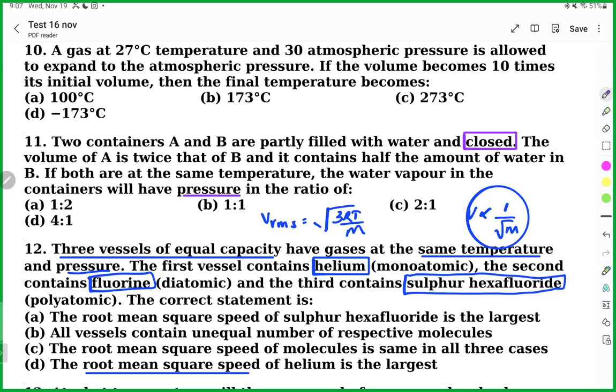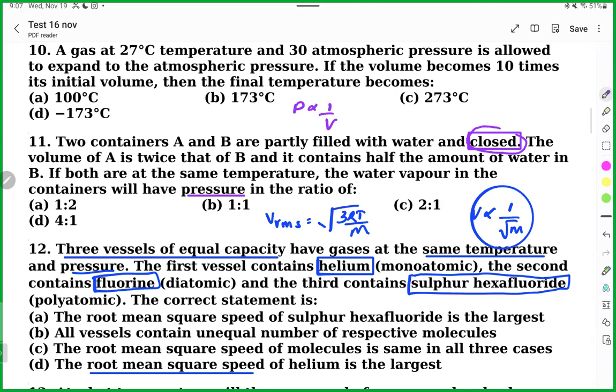But here temperature is same. So if you take 100 degrees Celsius for both, pressure will also be same because pressure is directly proportional to temperature. Then you will say, sir, pressure is also inversely proportional to volume. Yes, it is, but not in the closed vapor form. Correct?